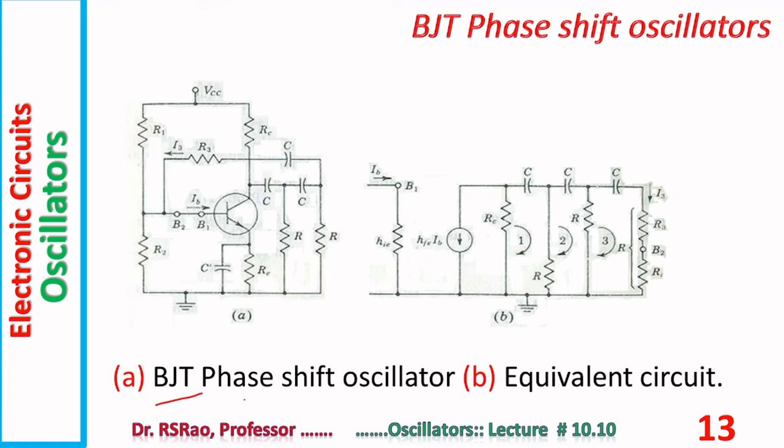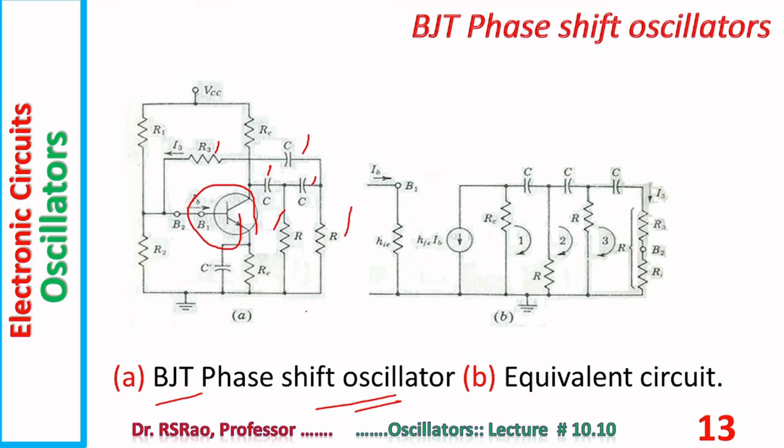Here is shown BJT phase shift oscillator. This is BJT. Again you can see here also, C, R, C, R, C, R. Of course R3 is appearing in the diagram, but R3 plus Ri, input resistance of the BJT, together is R. R3 plus Ri is R. In principle, this is same as FET phase shift oscillator.